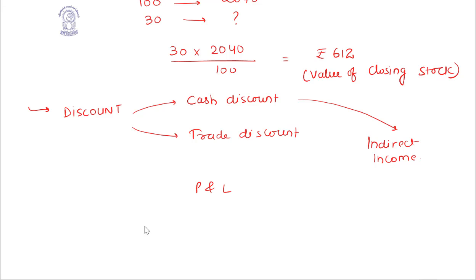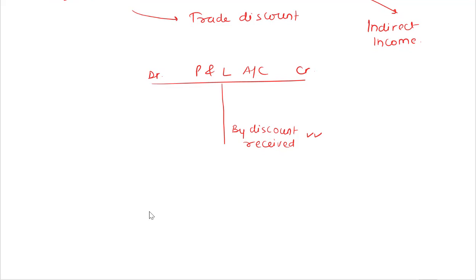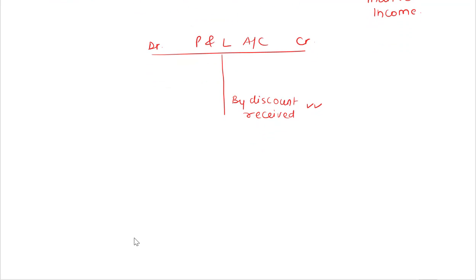It is shown in the profit and loss account as discount received, on the credit side of the profit and loss account. I hope you understood.